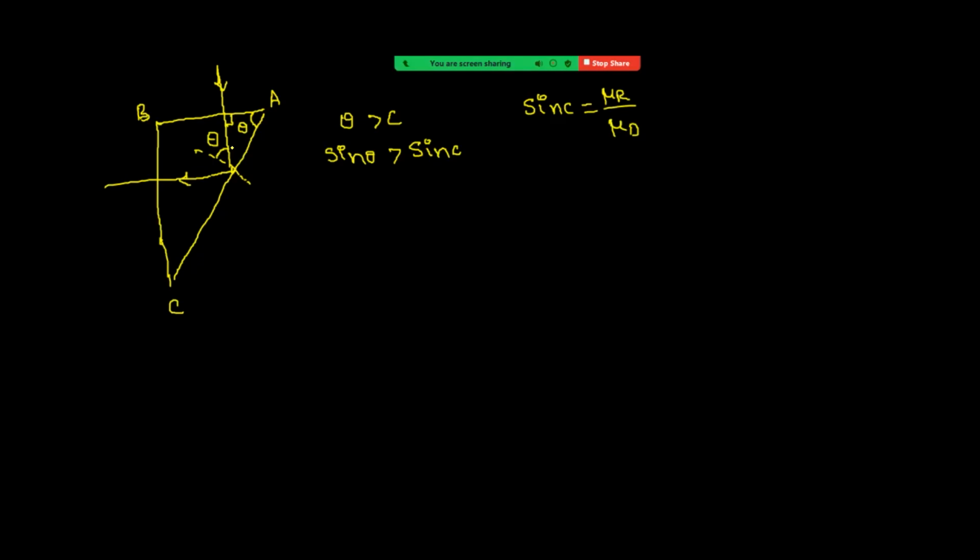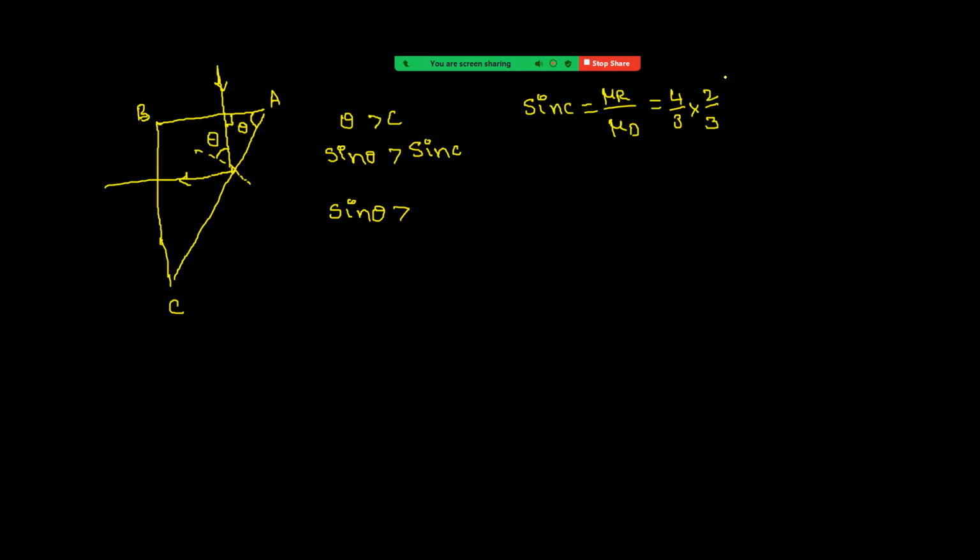Glass is the denser medium, water is the rarer medium. So sine theta is greater than mu rarer, which is water, 4 by 3, divided by mu denser, which is glass, that is 3 by 2.